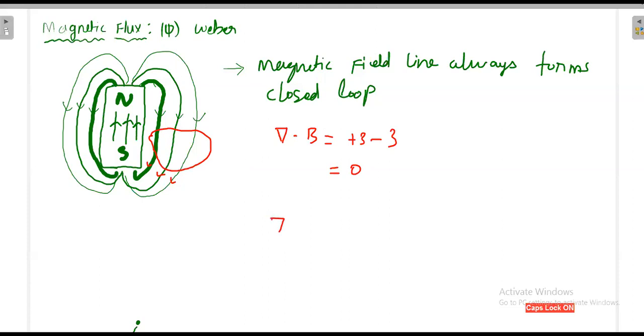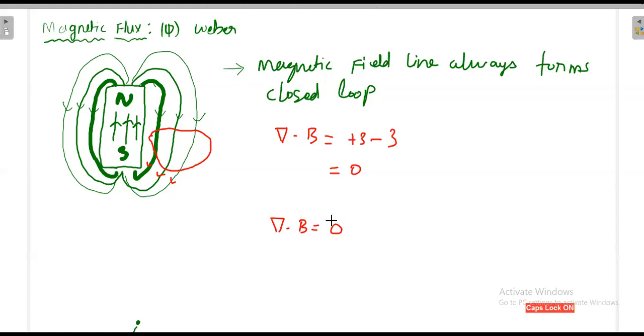What is the magnetic field effectively going outside your imaginary closed surface? That is zero, because whatever flux enters has to leave. You cannot create flux yourself. That is the main reason: magnetic monopole does not exist.